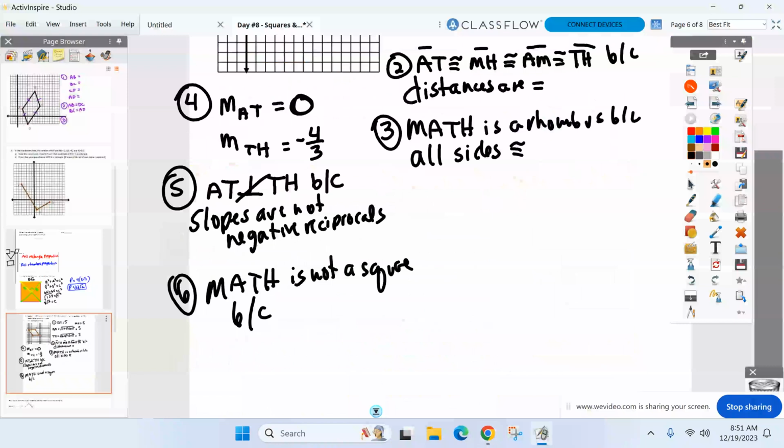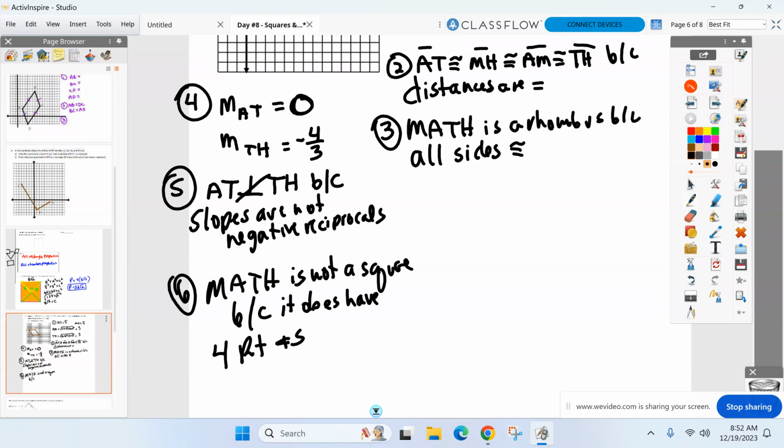Math is not a square because it does not have 4 right angles. I'm not going to say it does not have a right angle because it still could, because we only tested one. We didn't test all 3. So we definitely know that it does not have 4 right angles. Don't say it doesn't have a right angle because the other 3 could possibly be one.